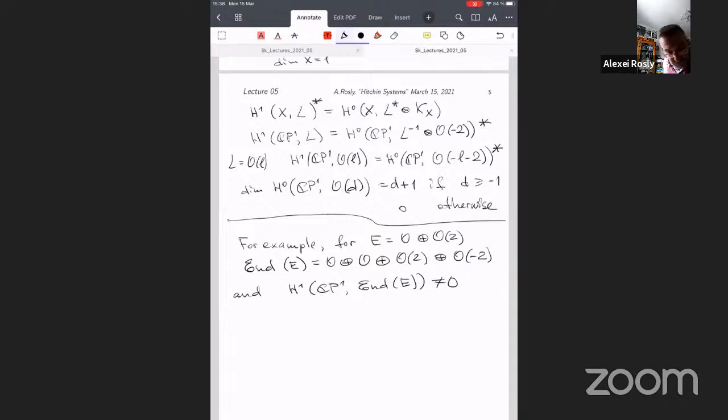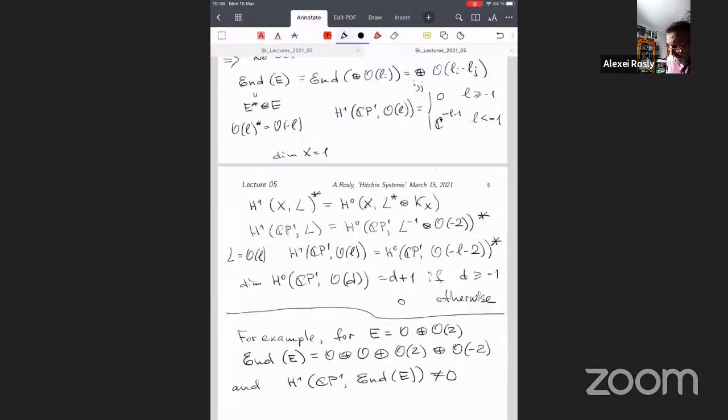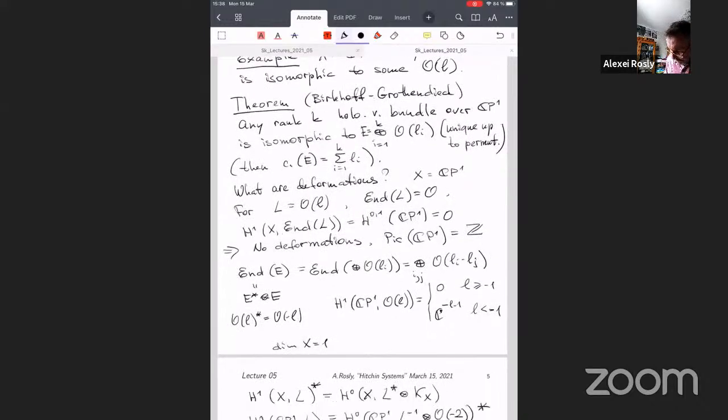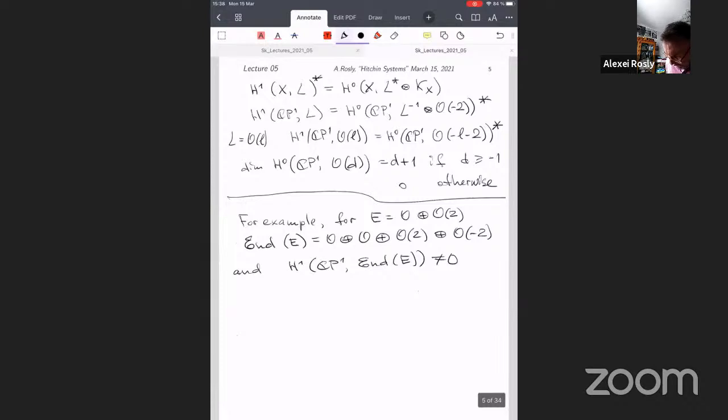However, there are no continuous parameters, because by the Birkhoff-Grothendieck theorem, any bundle is described only by discrete parameters. By the Birkhoff-Grothendieck theorem, there are no continuous parameters.